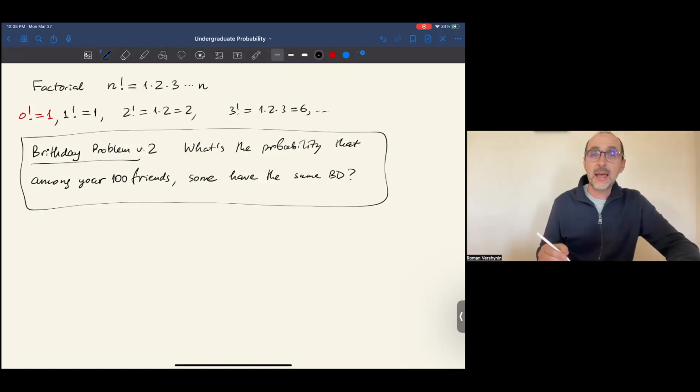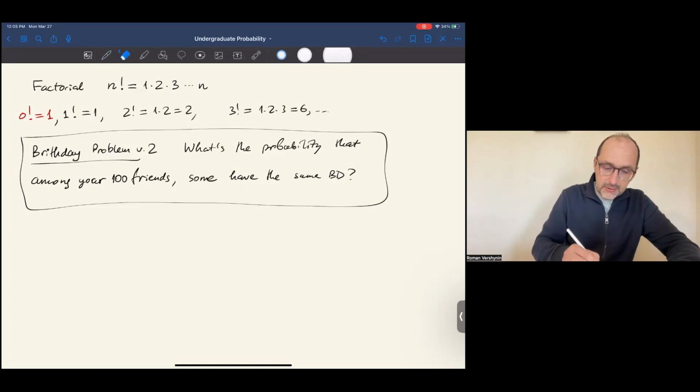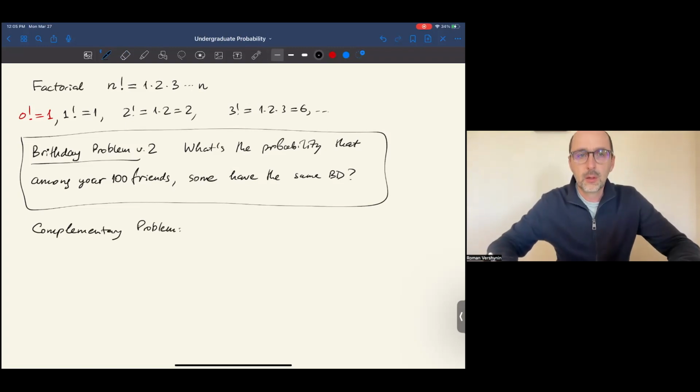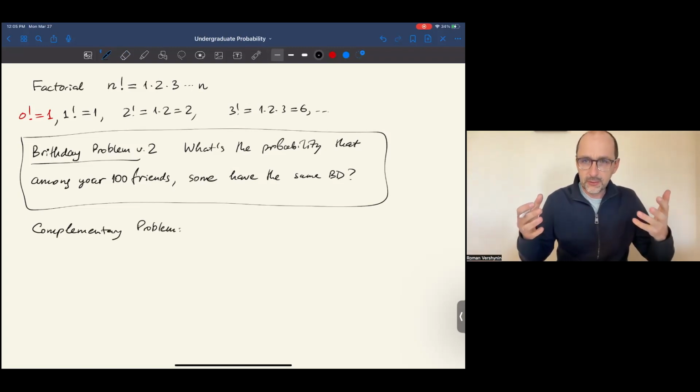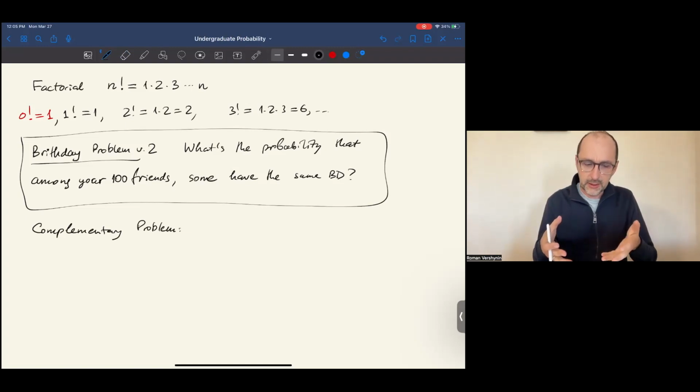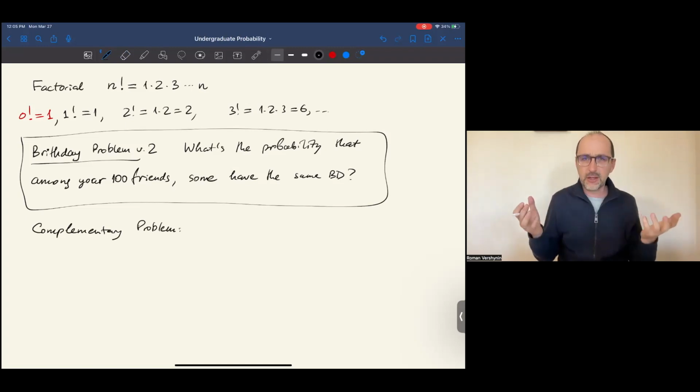How do we solve it? As before, the trick is to pass to the opposite or complementary problem. Suppose it's not happening what we would like. It's not true that some of the friends share their birthday. What does that mean? It means that all of these friends have different birthdays. That's a complementary one, right?